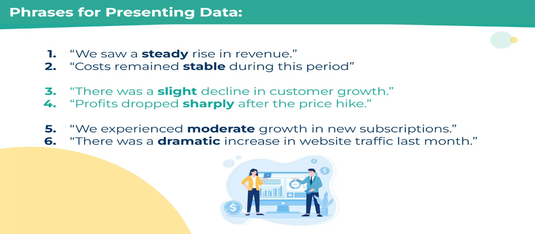Number 3, there was a slight decline in customer growth. Number 4, profits dropped sharply after the price hike. Number 5, we experienced moderate growth in new subscriptions. Number 6, there was a dramatic increase in website traffic last month.